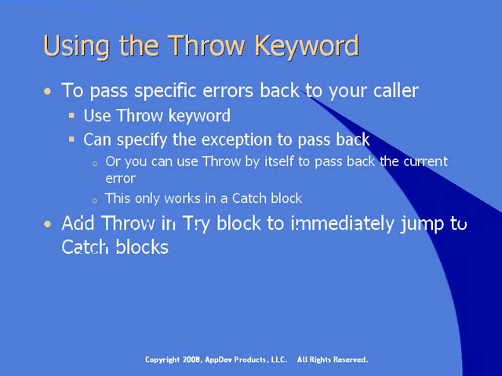Now you can add a throw statement in a try block and you'll jump immediately to the most local catch block. So you can have throw either in a try block, in which case you'll jump to the local catch block, or you can use throw in a catch block by itself to throw the current exception back out to the caller.